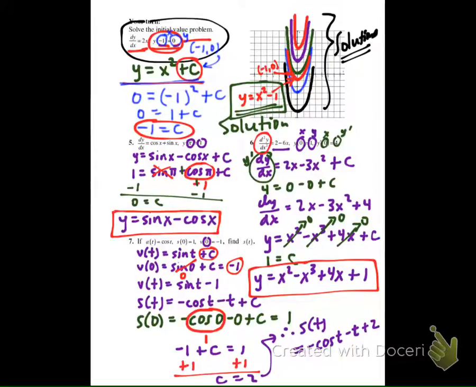And so there we go. Let me put a box around the whole thing. Therefore, s of t is equal to negative cosine t minus t plus 2.